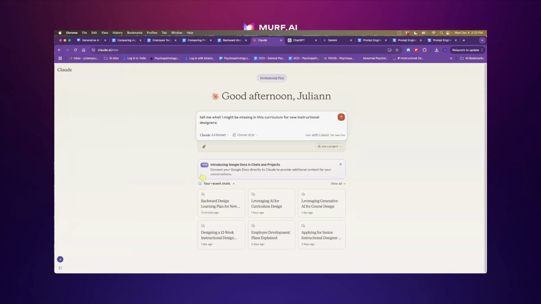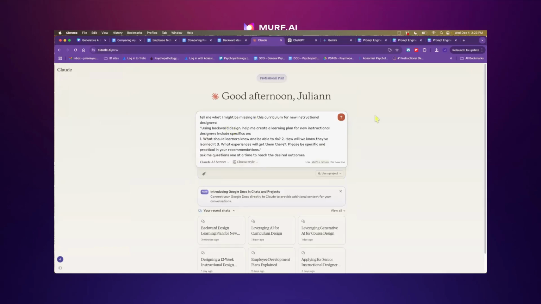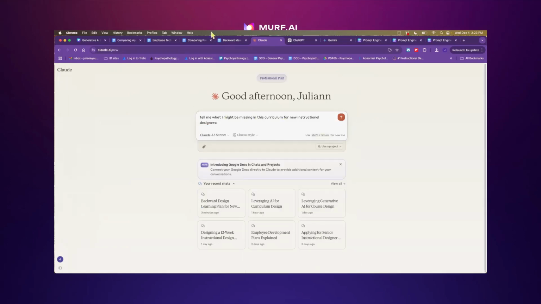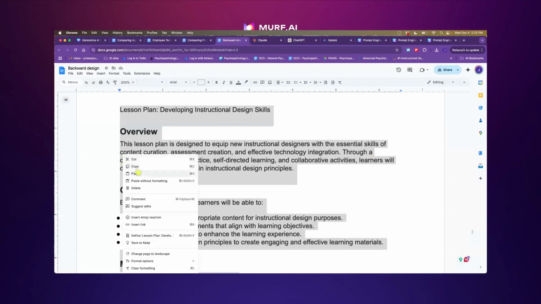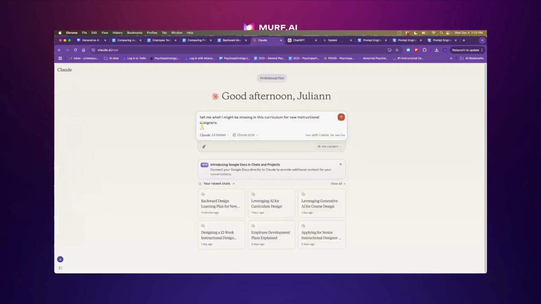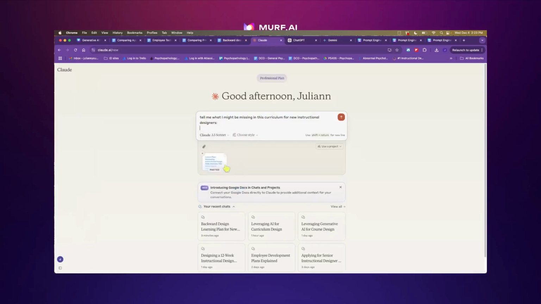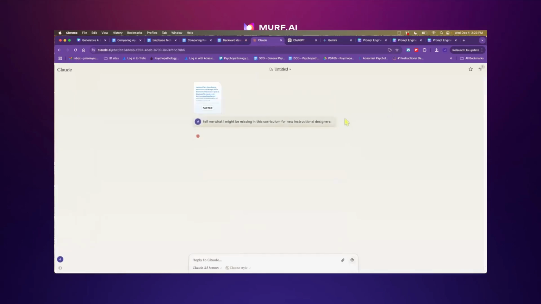Now I can either upload something here, but I just have it copied and pasted. There we go. Oh, I did not copy and paste it. All right, so it's pasted, and it's automatically going to give me a review.